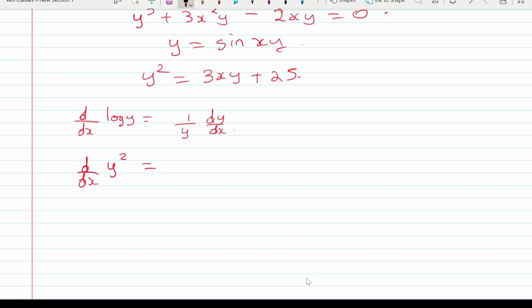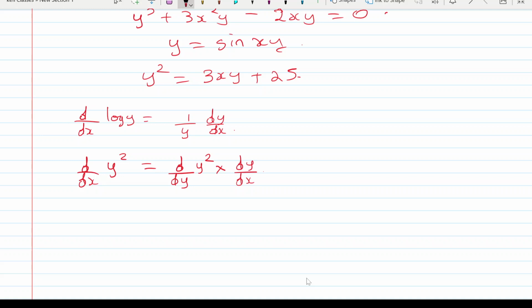For implicit functions, we say that we will take the derivative by the chain rule. So it will be d by dy of y square into dy by dx. This is actually the chain rule. You are differentiating first with respect to y, then with respect to x.